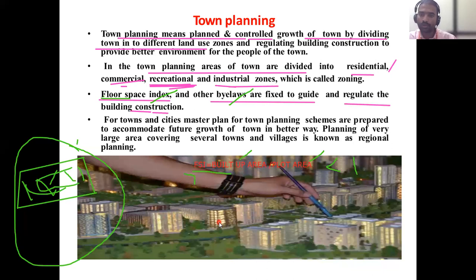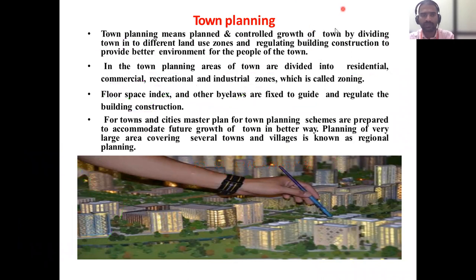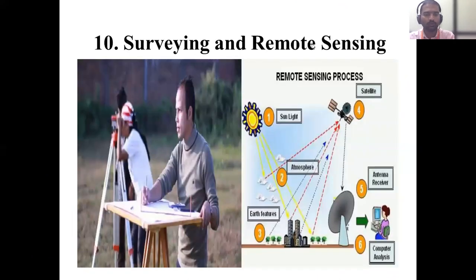The future population that is coming will also be accommodated here. The towns and cities master plans for town planning schemes are prepared to accommodate future population growth of the towns in a better way. The future population also has to be included. This is about town planning.